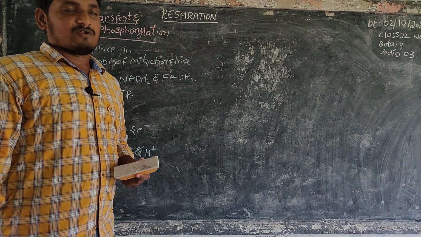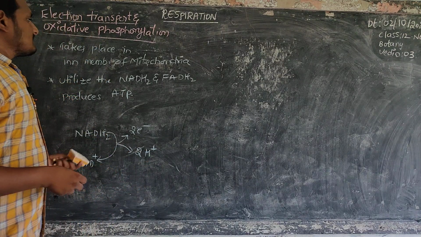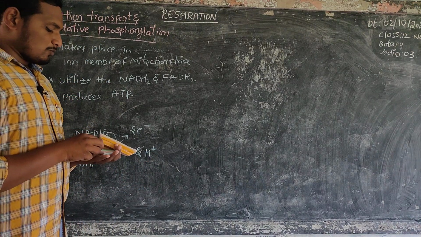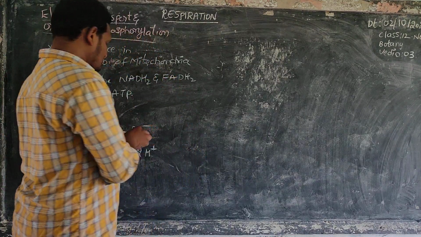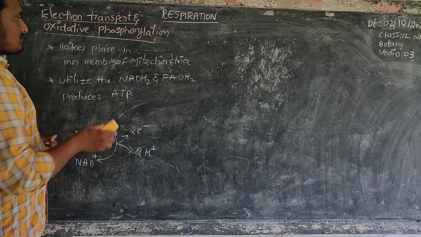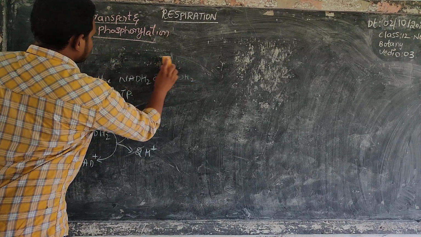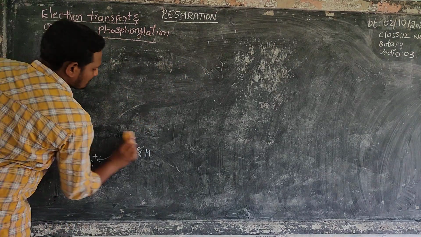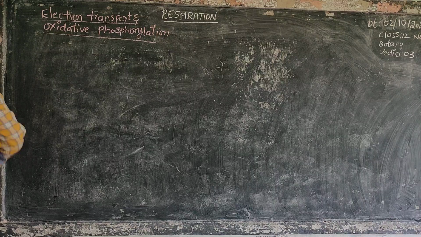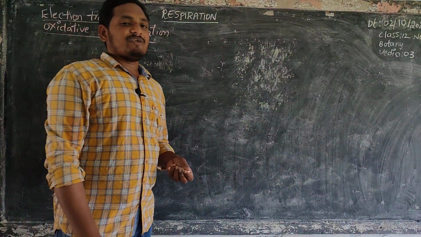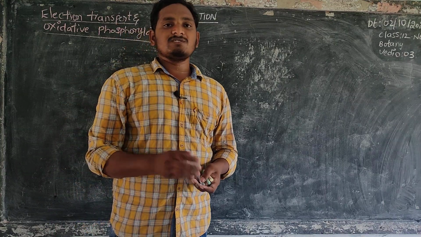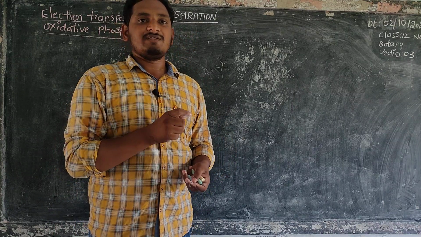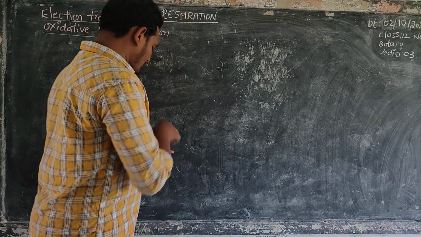But for our understanding, the electron transport has 4 systems, which we will see with the help of a drawing. The main theme is to utilize the NADH2 and FADH2. We make ATP by using electrons and protons of FADH2 and NADH2.